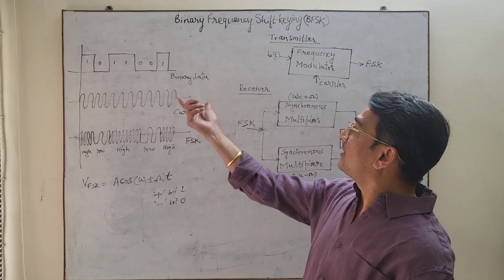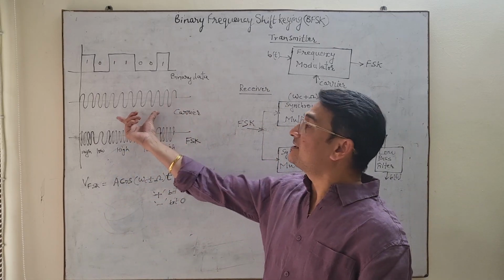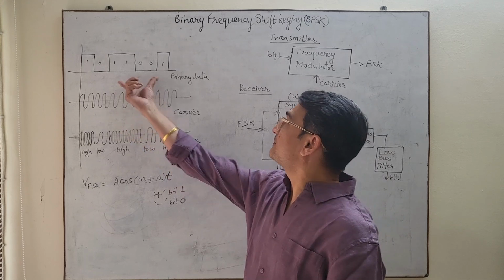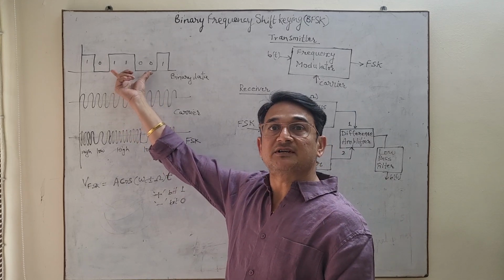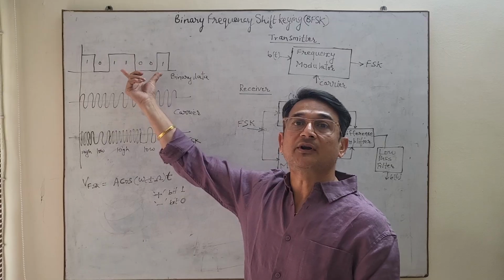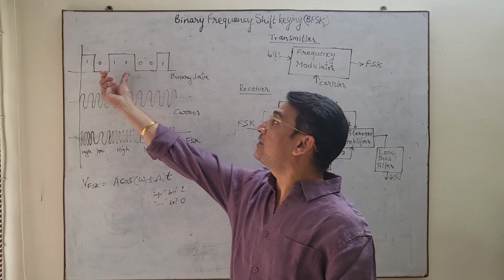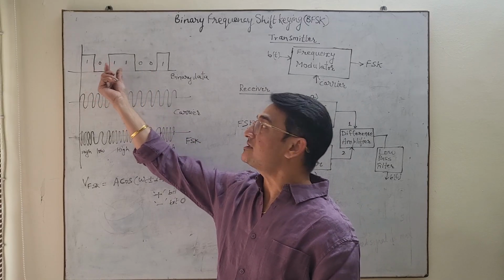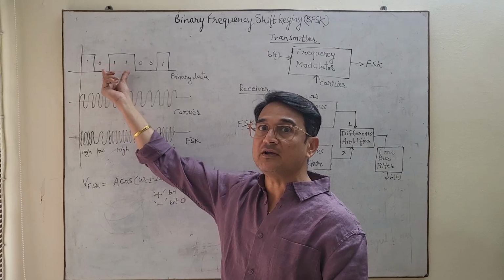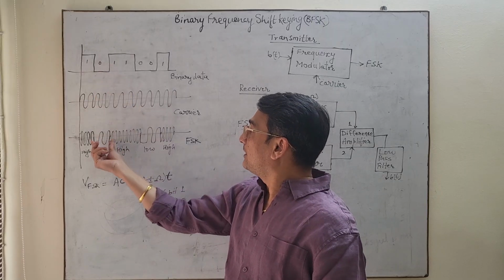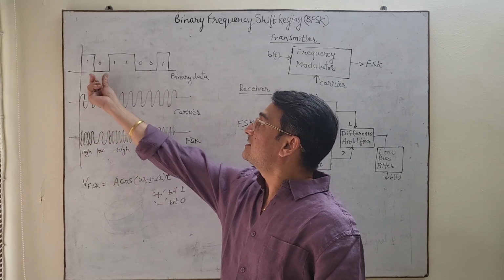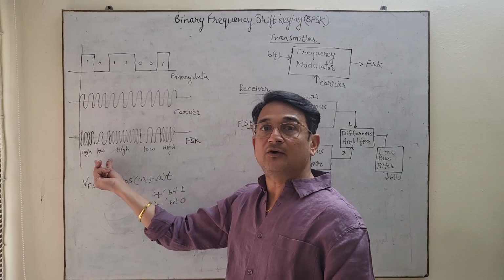In this case, what we are doing is changing the carrier signal frequency with respect to the information signal, which is in digital or binary form. So that means you have only two types of variations, either bit 1 or bit 0. So you will have only two frequencies, a high frequency and a low frequency.